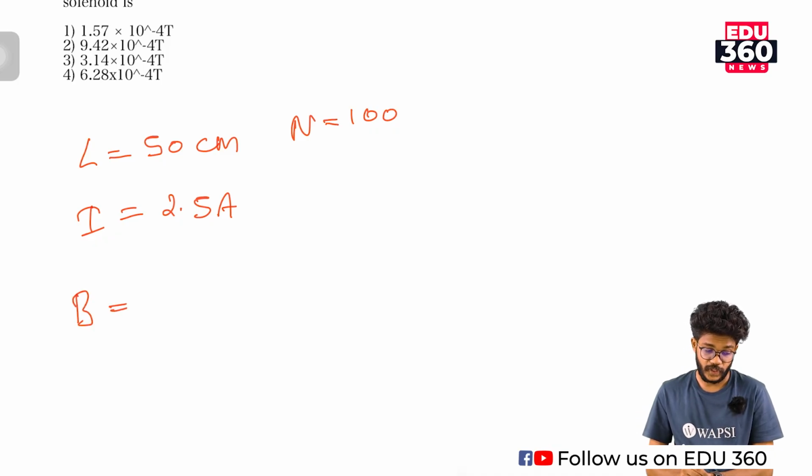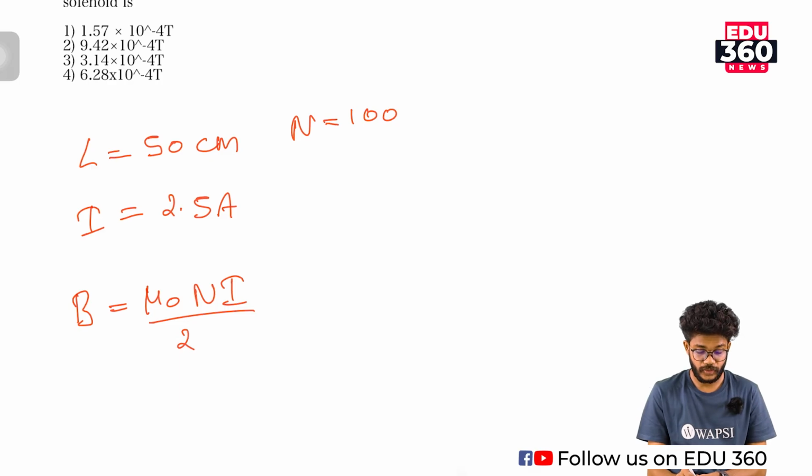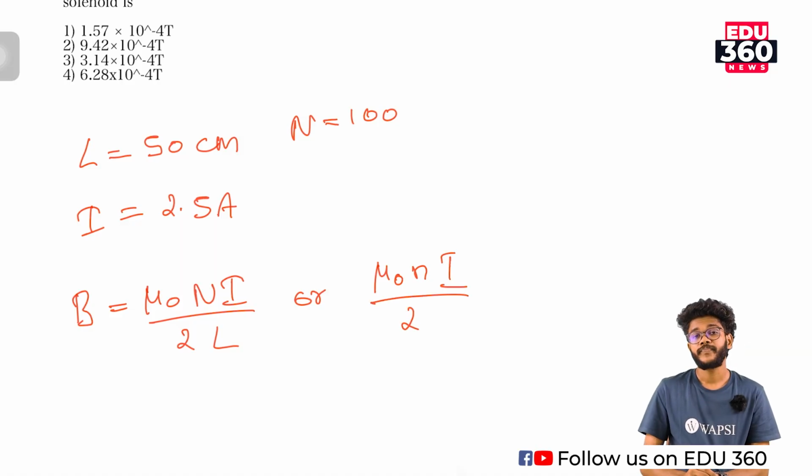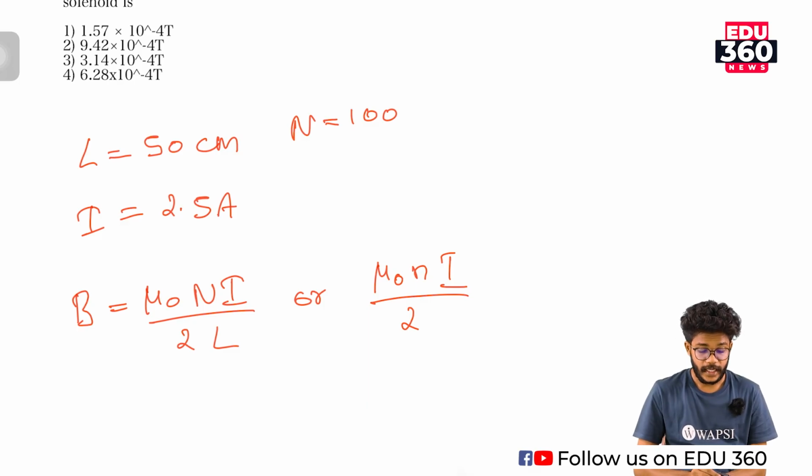B is equal to, which equation? B is equal to mu 0 n I by 2, where small n is the number of turns per unit length. Okay, they have given 100 turns in 50 centimeter. So 200 turns in 1 meter.